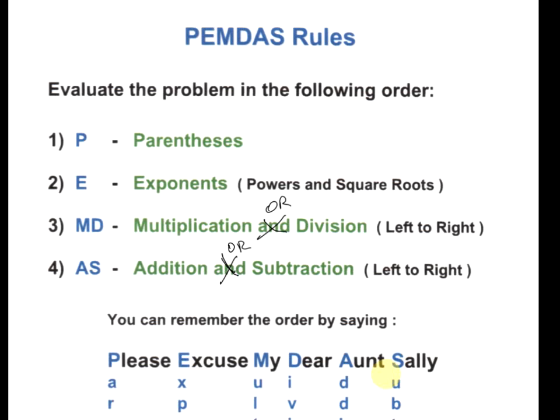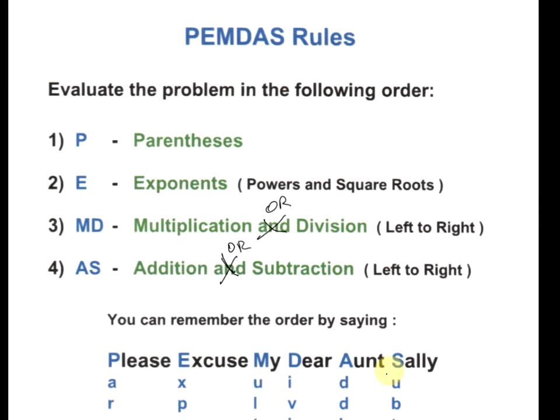So He had an order so things would not be chaotic. Just like when we come in here, bell rings, you're supposed to be in your seat, sitting quietly. There's a certain order that you do stuff. This is mathematical order. PEMDAS: parentheses, exponents, multiplication or division, add or subtract.